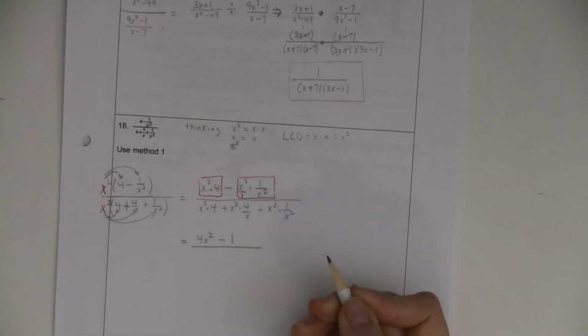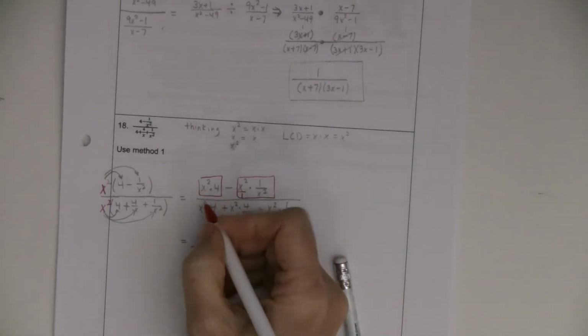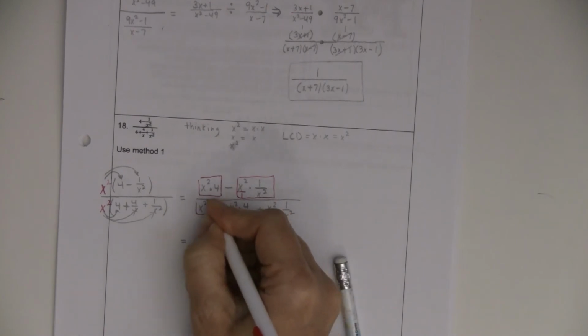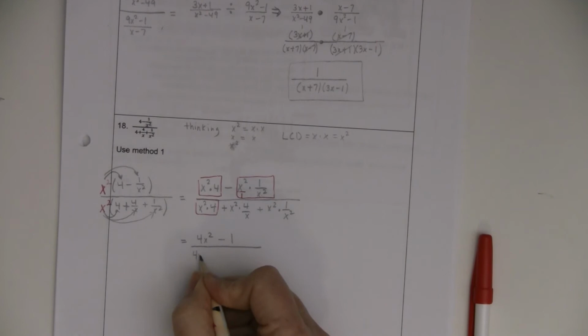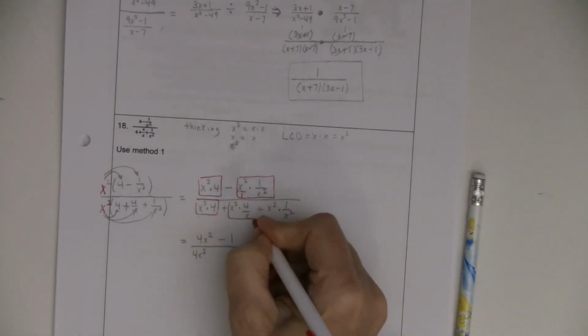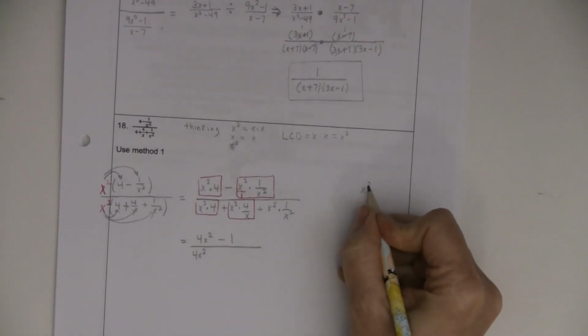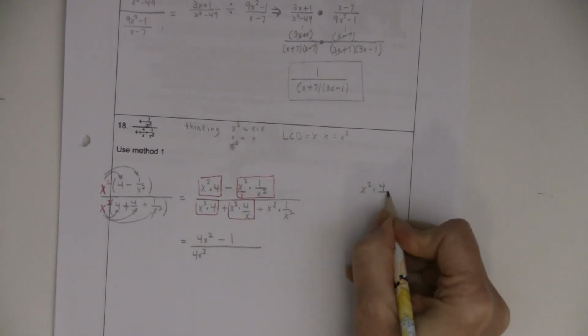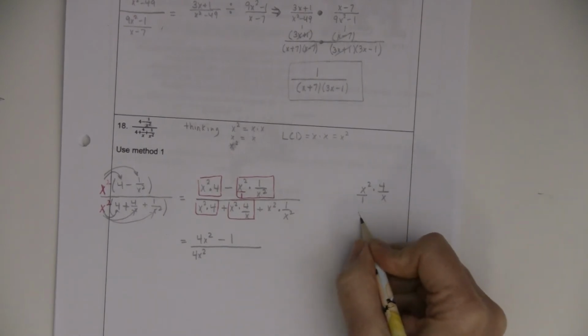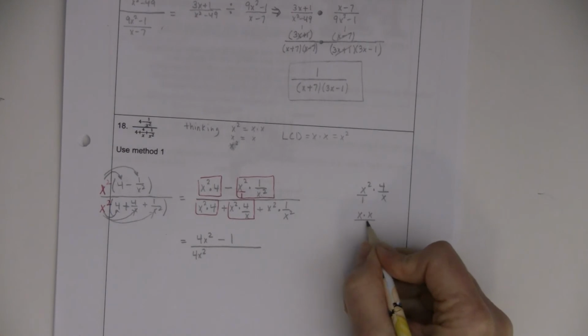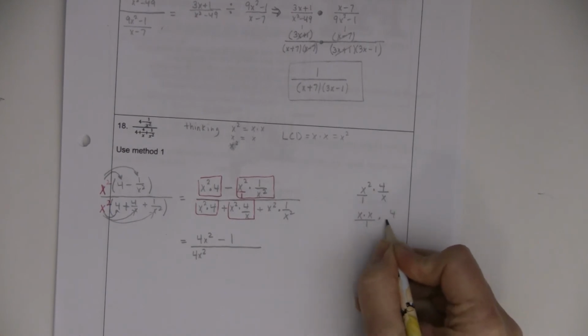And I'm going to do the same to the denominator, multiplying each of those 3 pieces. So this piece, I get 4x squared. This piece, I'm going to write it over here so that it's just a little bit bigger. x squared times 4 over x. So this is x squared over 1. And so that's x times x over 1 times 4 over x.